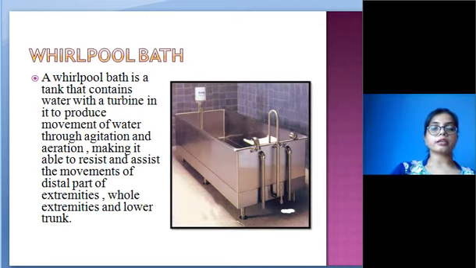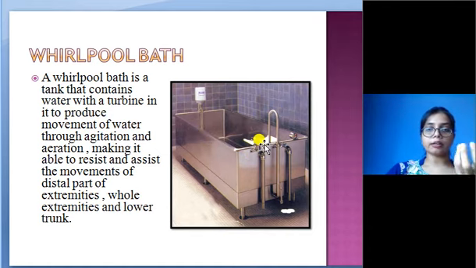The next therapeutic modality is the whirlpool bath. As you can see here, this is how the equipment of the whirlpool bath is. There is a motor located at the bottom of this whirlpool bath, and there is a turbine. This turbine leads to aeration of the water, agitation, that is the movement of the water.